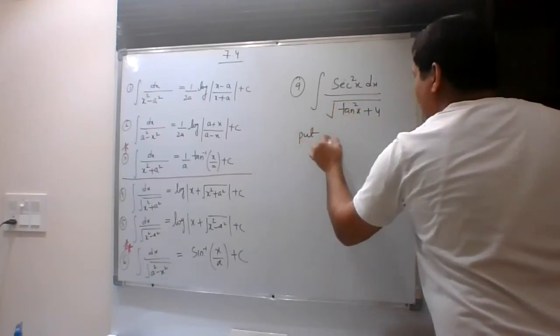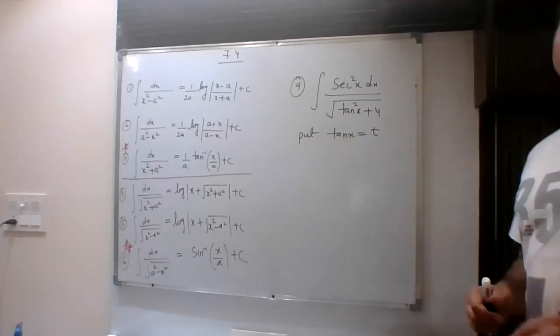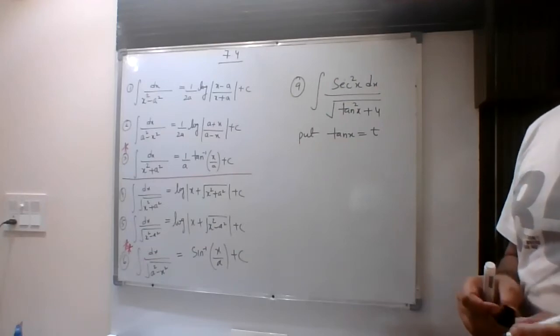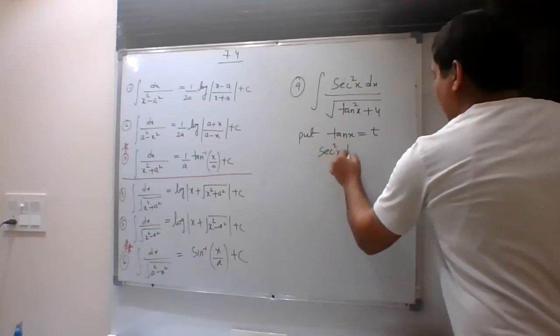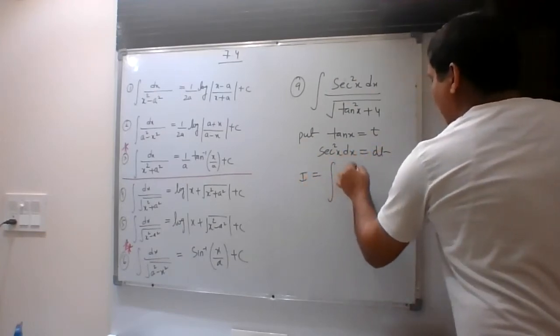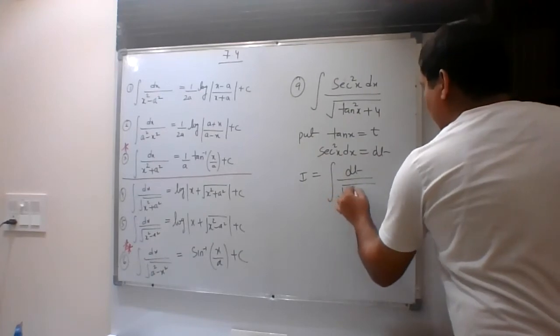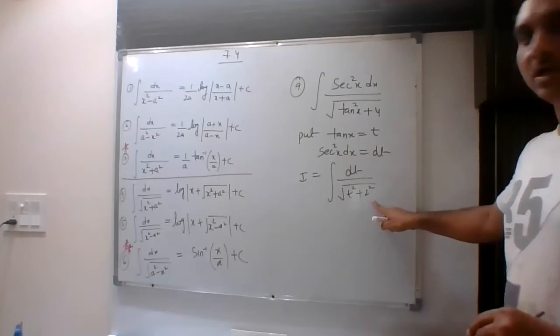Here you will put tan x as equal to t. If you apply the substitution, then its derivative will be sec square x dx, that is equal to dt. So I can write this as dt upon under the root of t square plus 2 square, as 4 can be written as 2 square.